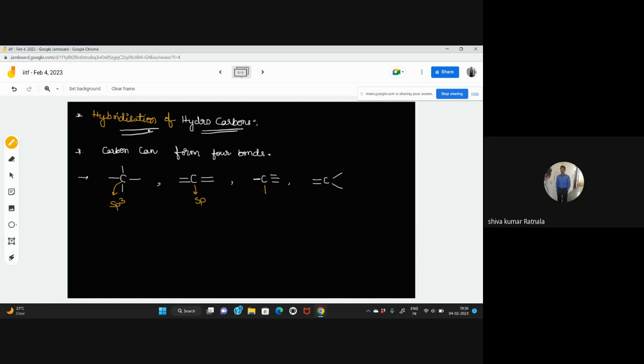If carbon has a triple bond on one side, this is also sp. And if carbon has a double bond on one side and both others are sigma bonds, then it will be sp2. This you need to remember.